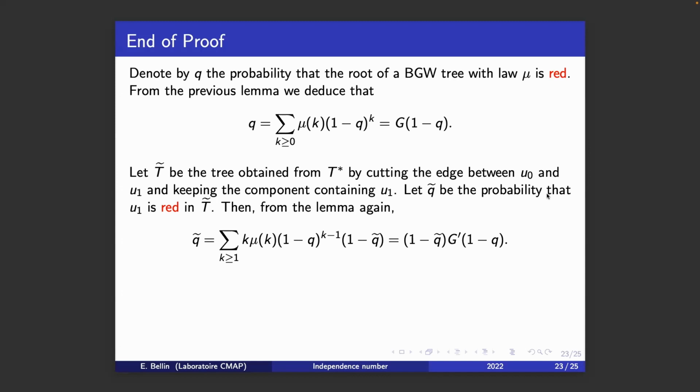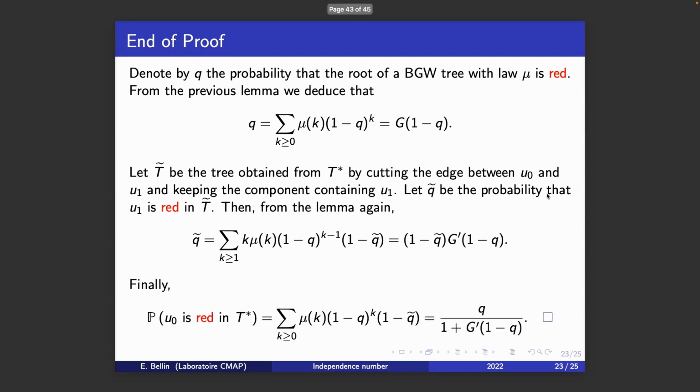And you have exactly one child which is not like the others, it's U2. And this one is non-red with probability 1 minus q tilde. Because if you cut the edge between U1 and U2, and you get rid of U1, you have an infinite tree which has the same law as T tilde. So you have this nice formula.